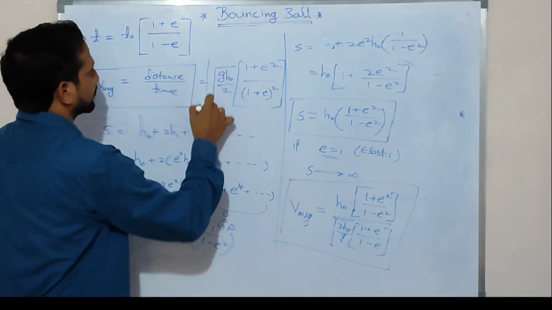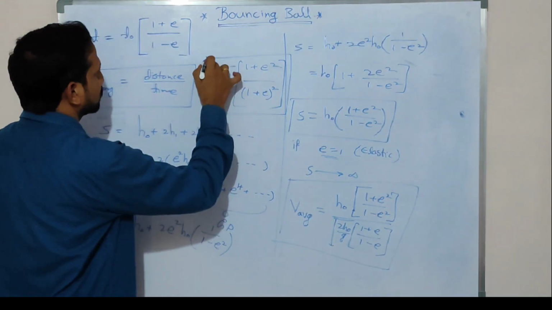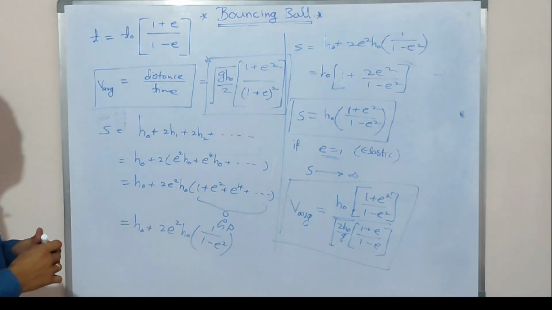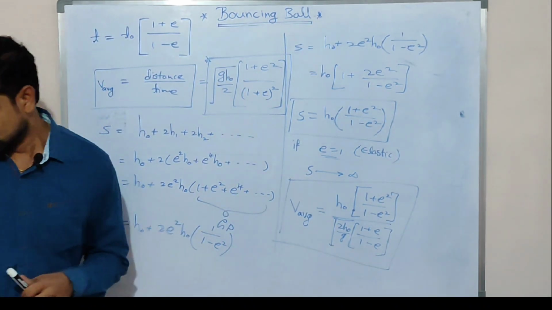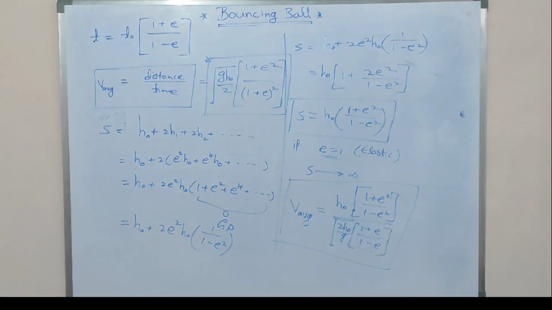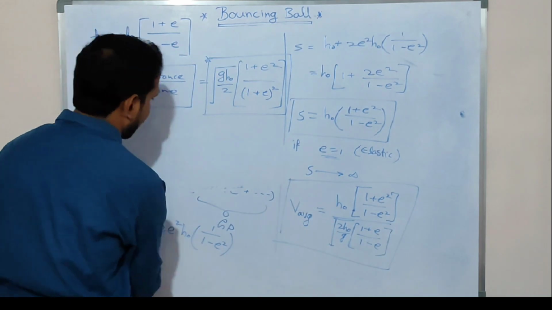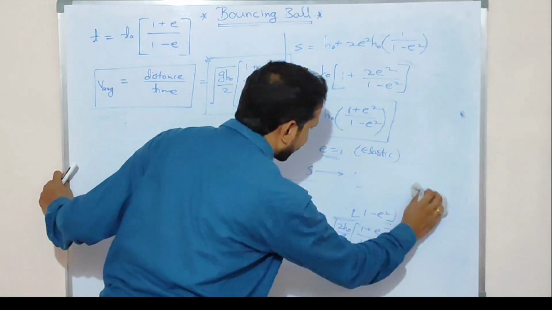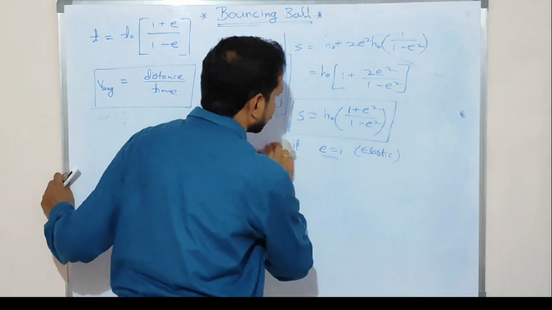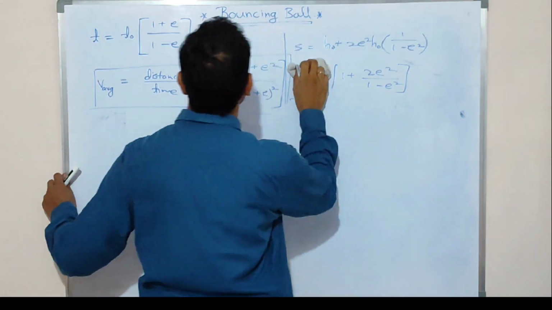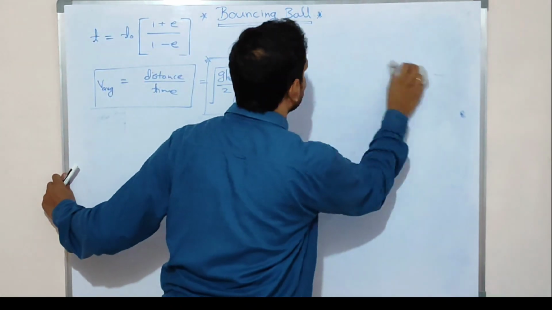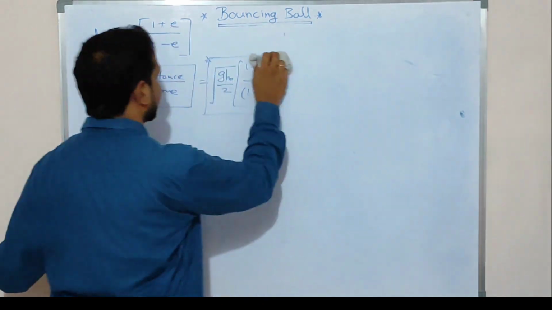You have to remember this equation. So let us discuss next the average velocity. The general formula for average velocity is very simple: total displacement by total time.